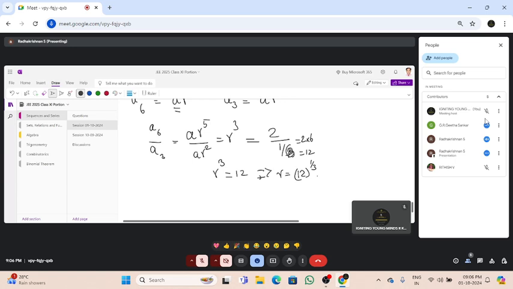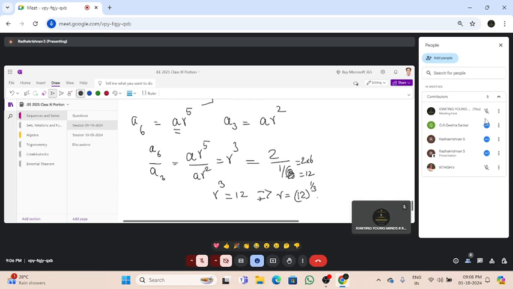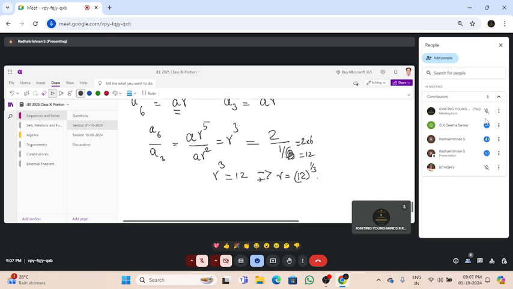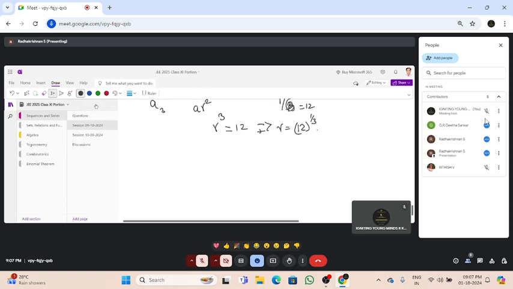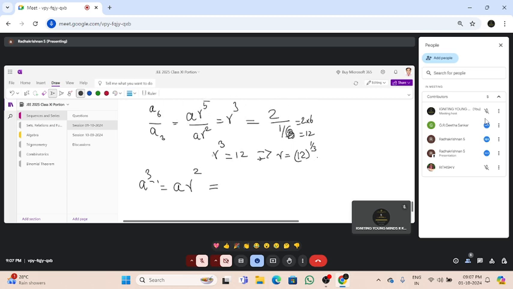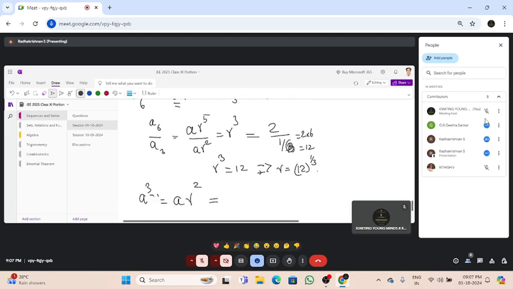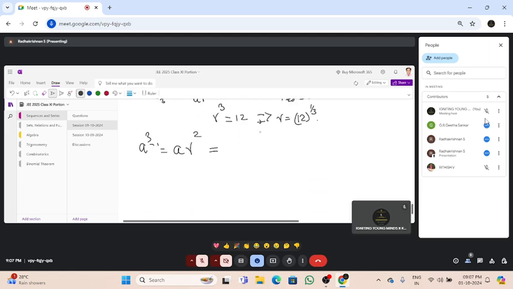Okay? இப்போ a என்ன? இதுல நம்ம a3 is ar square இல்லையா? Third term is ar square. And what is the third term? 1/6. ar square is 1/6.